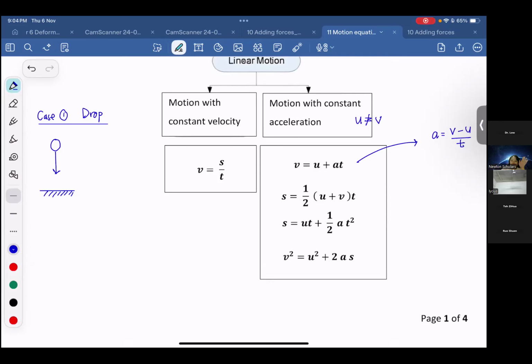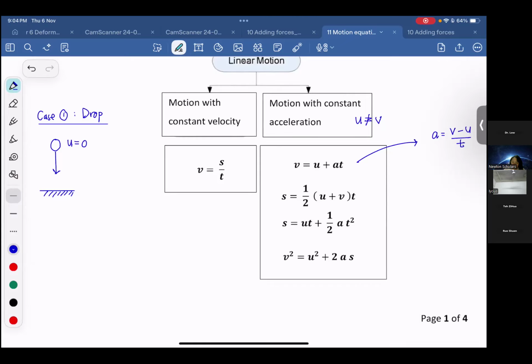Do I need to give any special initial velocity to let the object drop? My answer is no need. In the case of dropping, my initial velocity can be 0. I just open my finger, the object will drop. No need to purposely give some initial velocity. So when they say drop something, they assume you understand that initial velocity is 0.